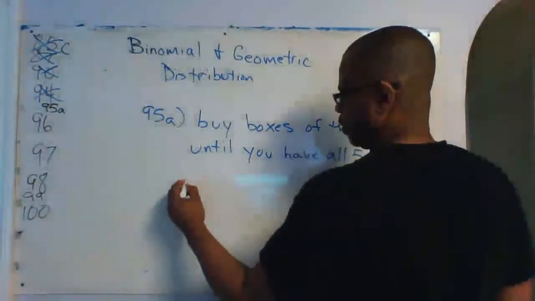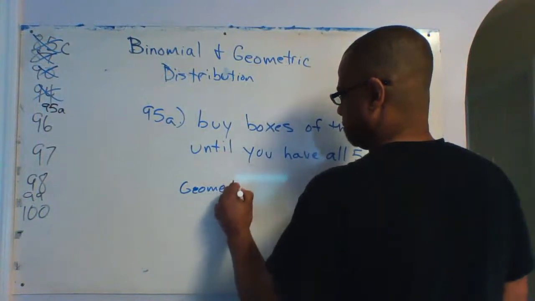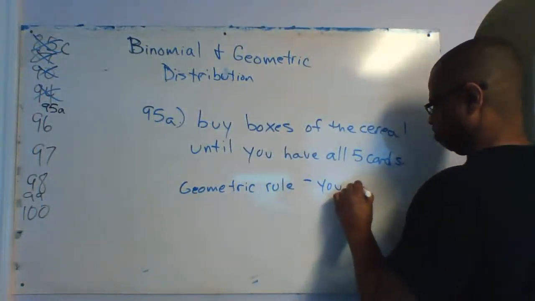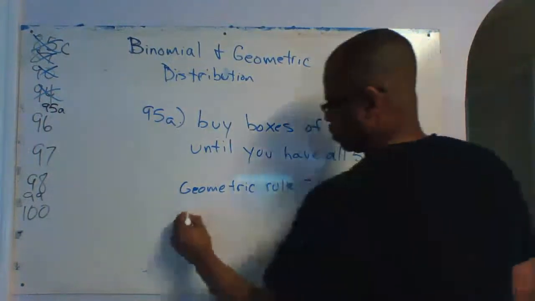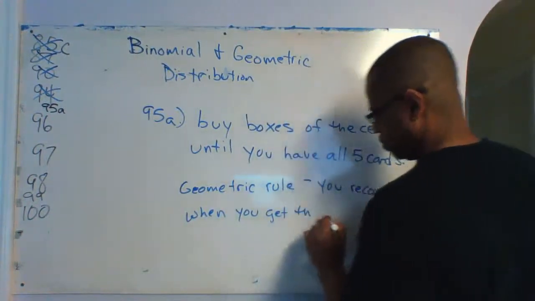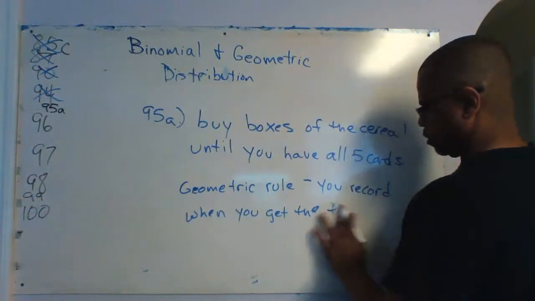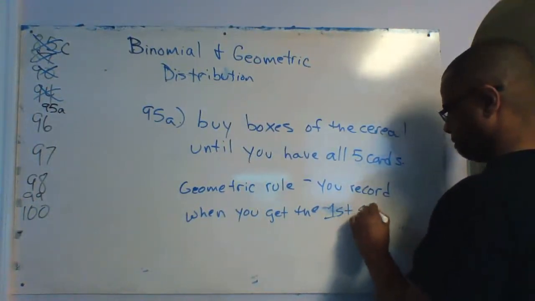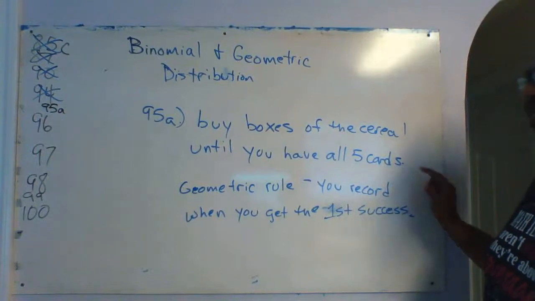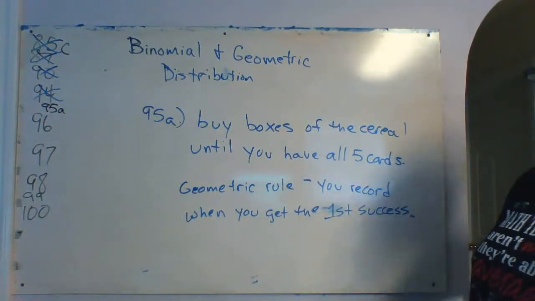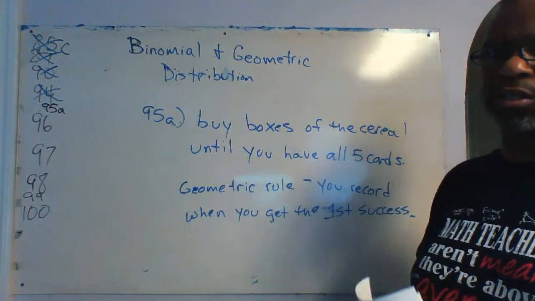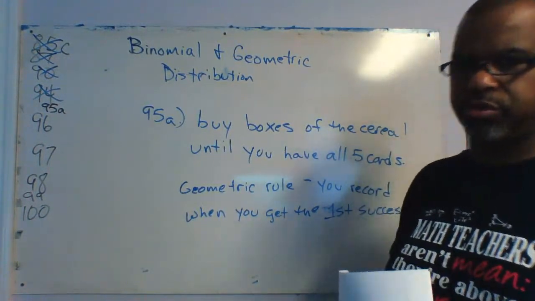But remember, for the geometric rule, you record when you get the first success. That's not what this is saying. They said you're going to do it until you get all five, but the geometric distribution rules tell you that you do it until you get a success. So that's why it's not a geometric distribution.